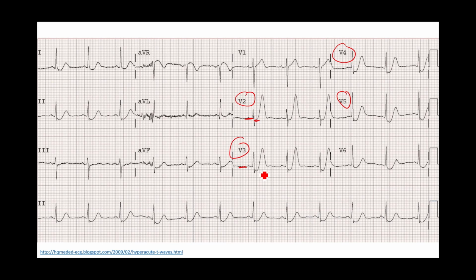You see a small one there. V3, V4, V5, and a little bit in V6 as well. Finally, there are no contiguous pathologic Q waves present in this EKG tracing. Again, this is reflective of definitely anterior but also a little bit of a lateral disease, most likely involving the LAD.